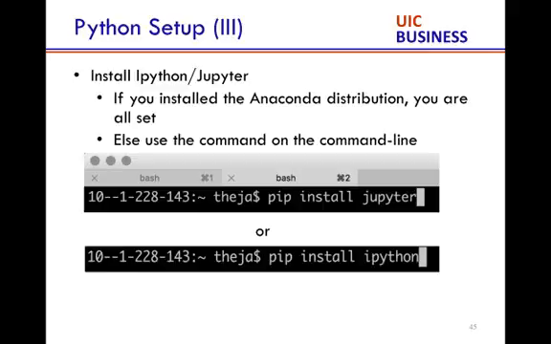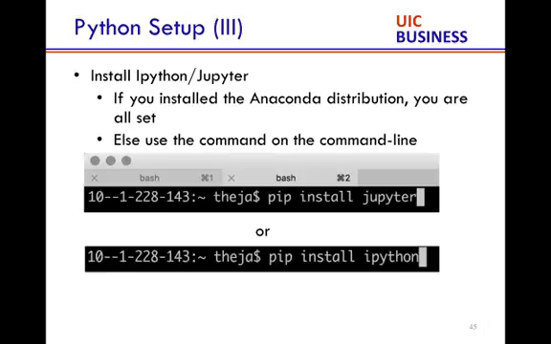Once you double click and install Python, it will already be there in your command line. So CMD in Windows, and on Linux or Mac, you can just open the terminal. If you install the Anaconda distribution I showed in the previous slide, you're done. IPython comes by default in that distribution.